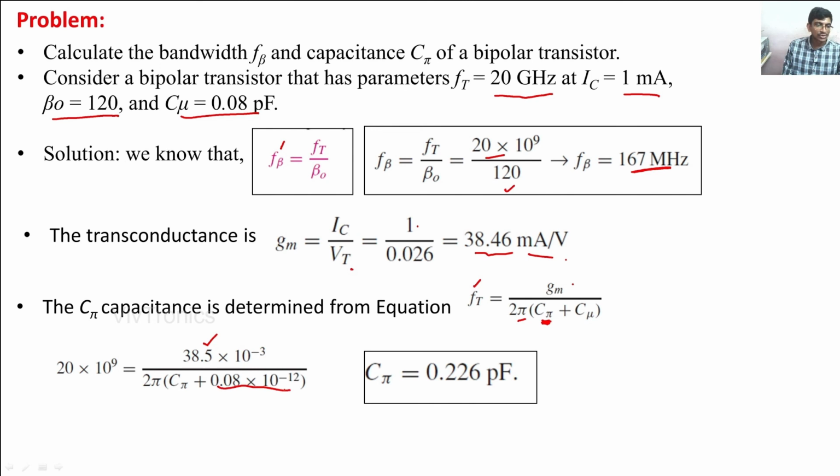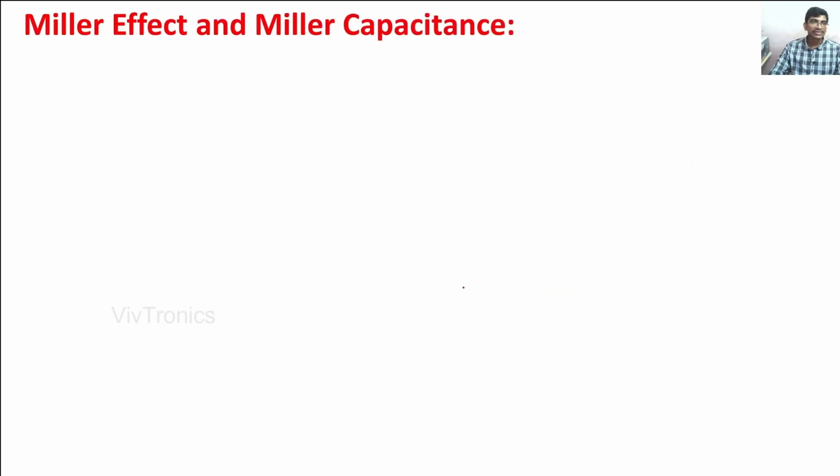After substituting all the values, we get the C pi value as 0.226 picofarads. This is how we have to do the problems in the examinations. In the next class, we are going to see the Miller effect and Miller capacitance.